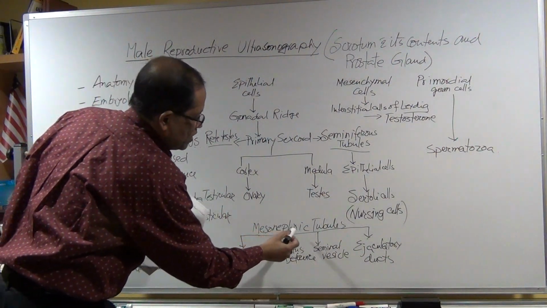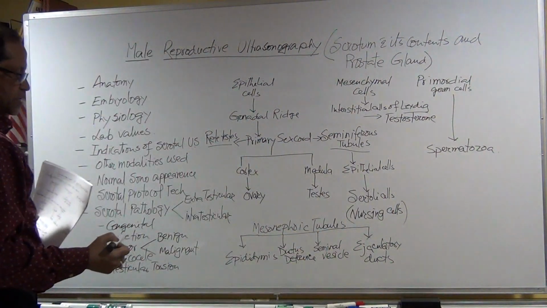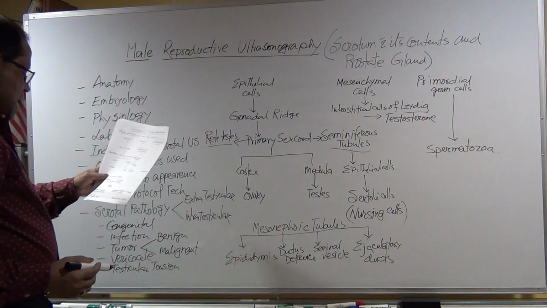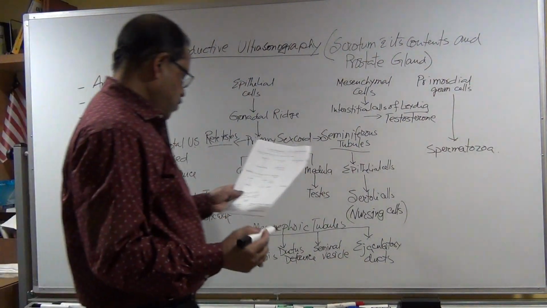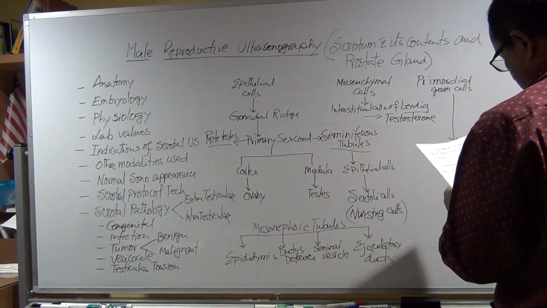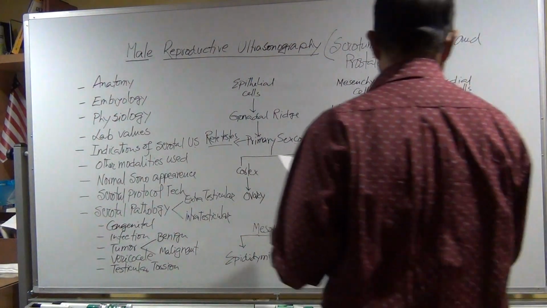Okay, so these are the source. Mesonephric tubules forms these 4 structures, and prostate gland forms from the endodermal outgrowth of the prostatic part of the urethra.